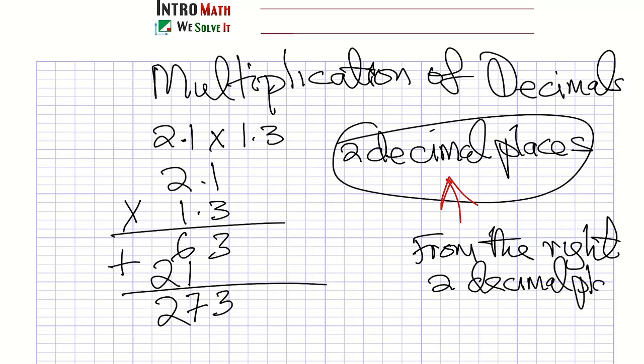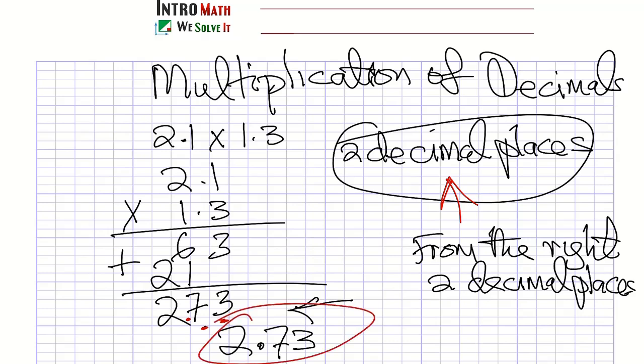From the right, going like that, you count off. That would be 2.73. See, you count off 2. 1, 2. Let me use a different color. 1, 2. You put it here. Basically, that's what that is all about. So your answer to the whole thing is right there.